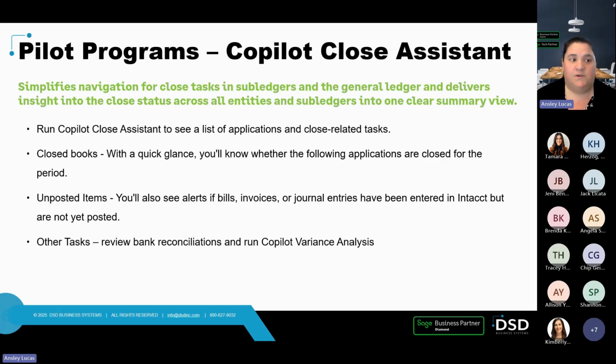You can see which books are closed at a quick glance. You can see if there are any unposted items sitting in the system. And then there are other things you can do, like reviewing bank reconciliations, running Copilot variance analysis, and some different things like that.